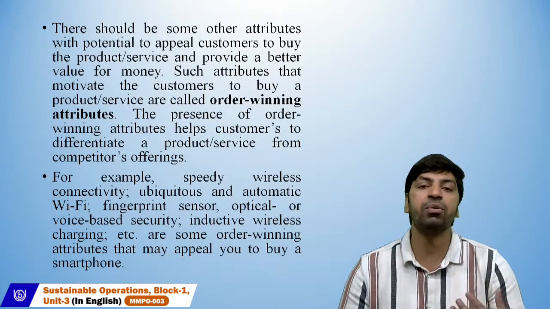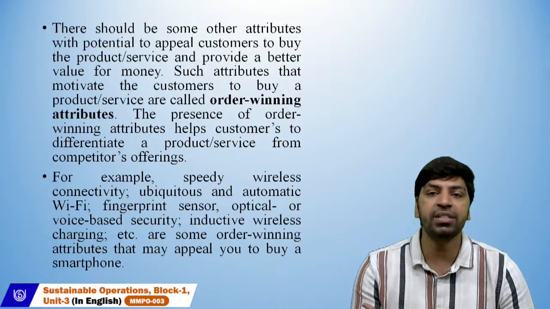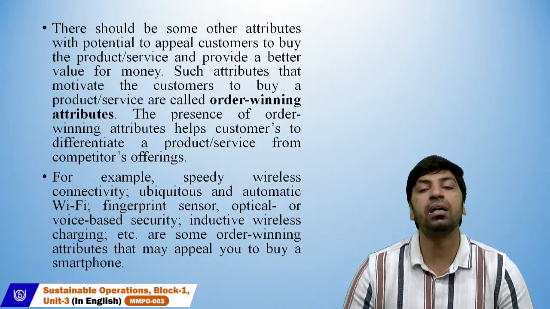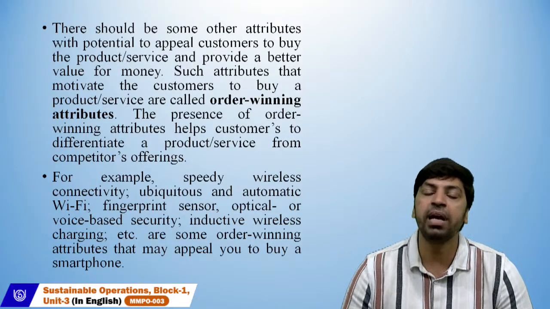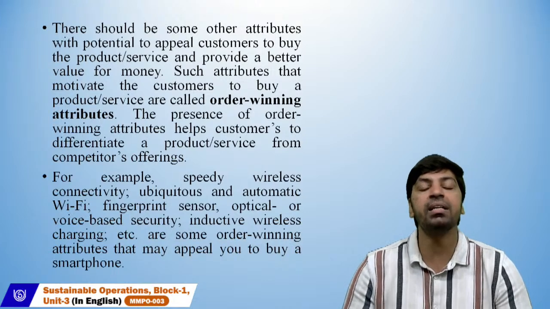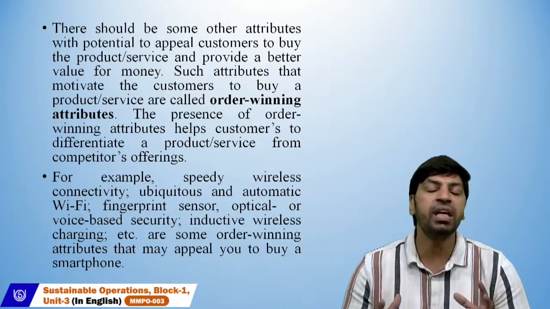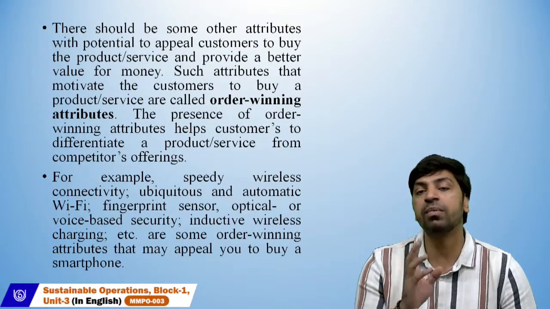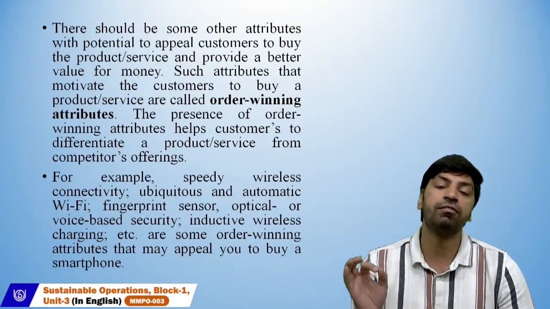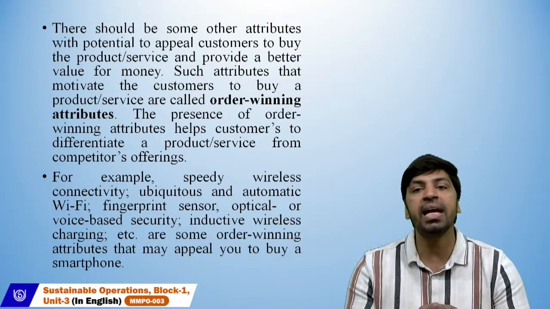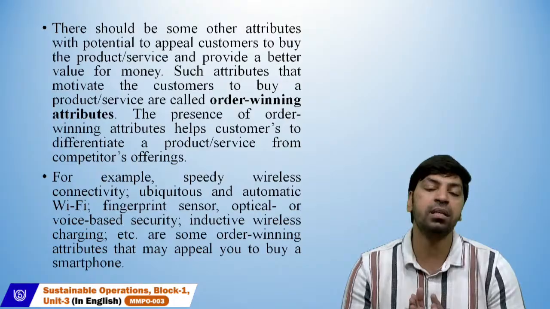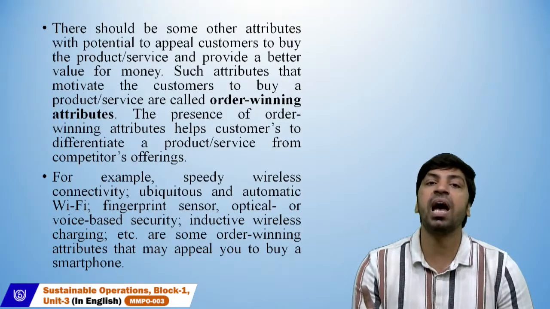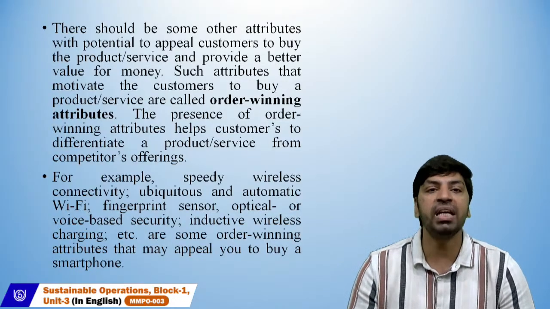The basic attribute of wireless internet connectivity is what we call an order qualifying attribute. But order winning attributes are any specific features that exist in the smartphone that appeal to the customer, and the customer will easily buy that smartphone. When an additional and extraordinary attribute exists in the smartphone and appeals to the customers, those attributes are called order winning attributes.